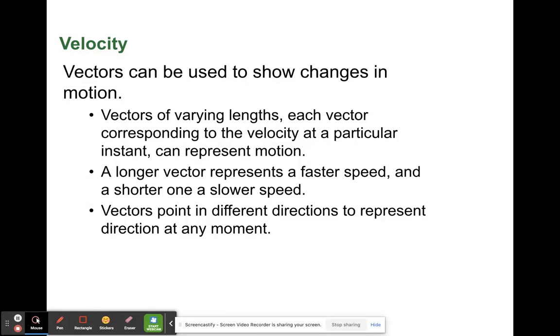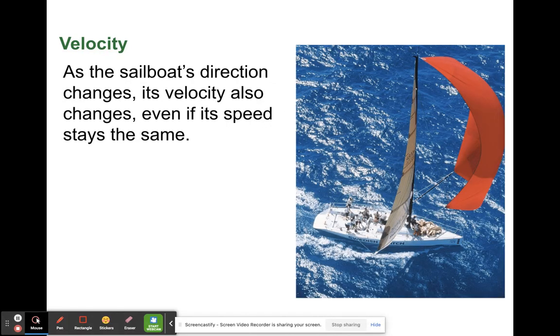The longer the vector is, the more value, the greater the number. So if I were to draw a vector on the board, and we'll see some slides of this, the vector for 62 miles per hour is shorter than the vector for 88. Vectors point in different directions to represent the direction at any moment.